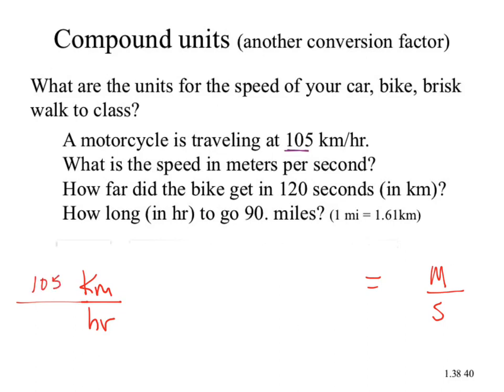What is the 105 written next to? Kilometers. Okay? It is not written next to hours. You now know that the 105 in your conversion factor had better show up next to kilometers. That's the meaning behind that. It simplifies your calculations. What's the number that shows up next to hours?